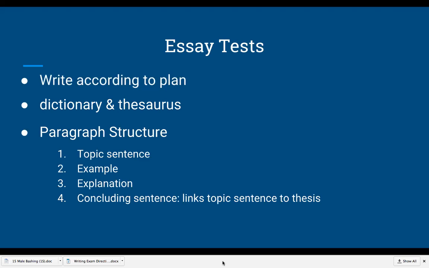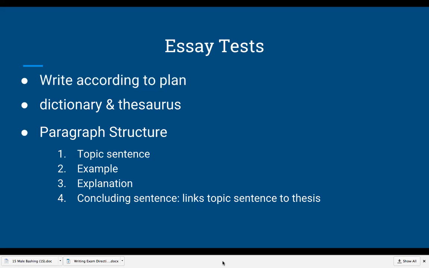And then after we give an example, we explain why that example is important to what we're saying, or how it shows our point. And then we close the body paragraph off by linking the main idea in this paragraph, again to the thesis.